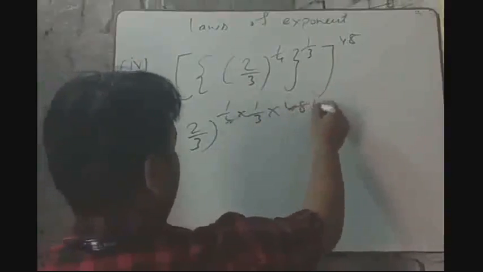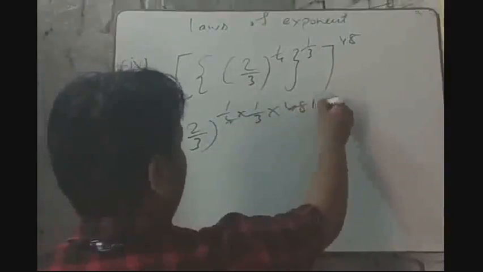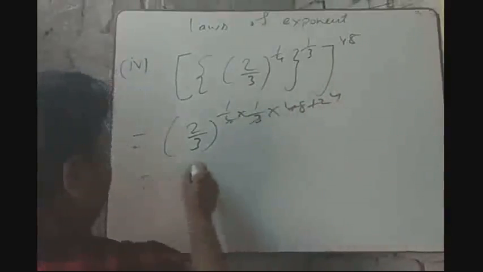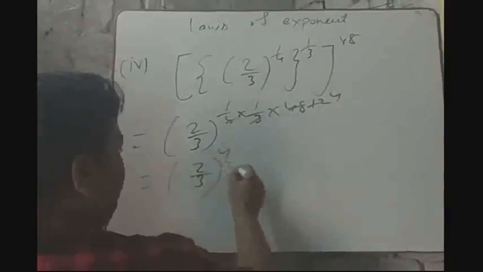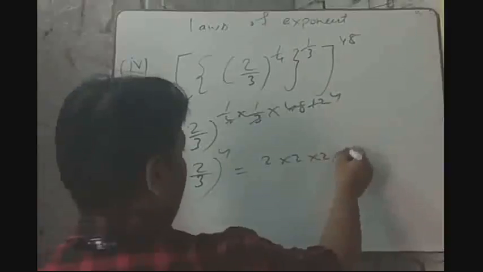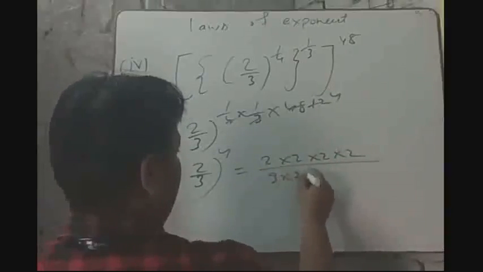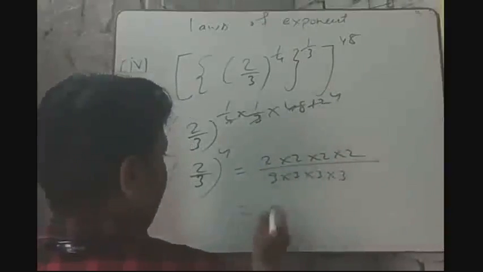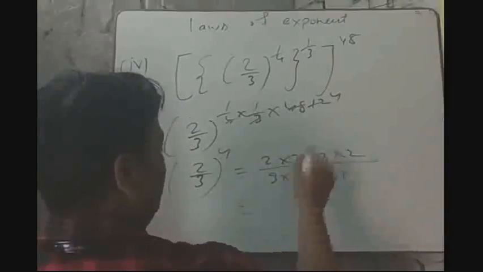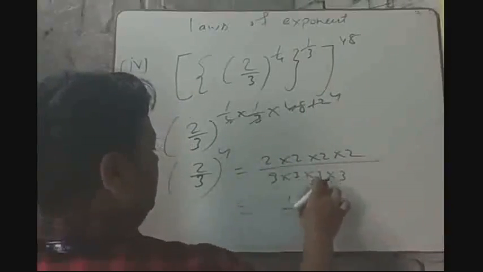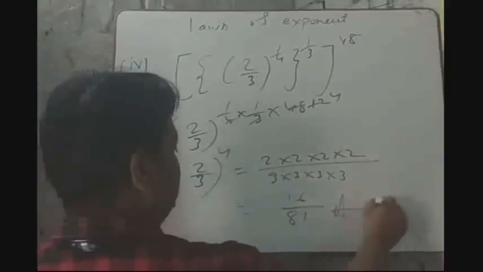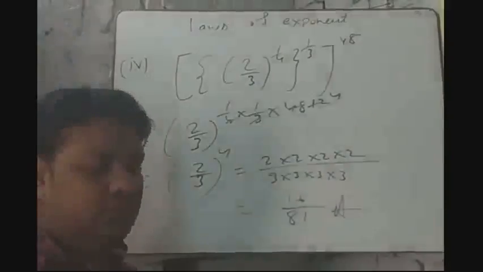So 4 12 ja and 3 4 ja. That is, we will write 2 by 3 to the power 4. That is 2 into 2 into 2 into 2 by 3 into 3 into 3 into 3. The value will be 2 to the 4, 2 to 8, 2 to 16, 3 to 9, 3 to 27, 3 to 81. So 16 by 81 will be answer. This is the same example, but there is little different.